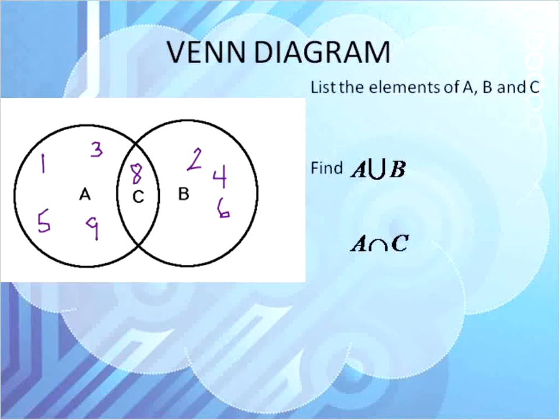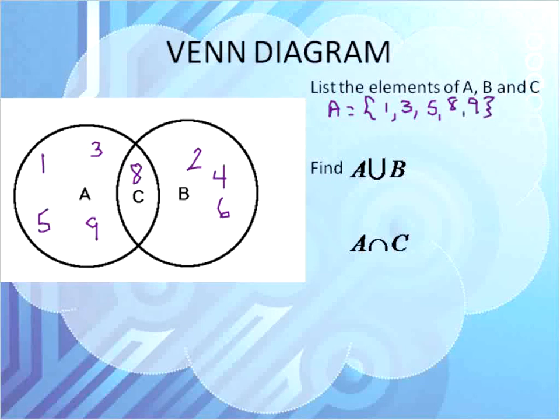So it's asking us first to list the elements of A, B, and C. The elements of A would be to look at circle A and write down all of the numbers that are in circle A. 1, 3, 5, 8, and 9.